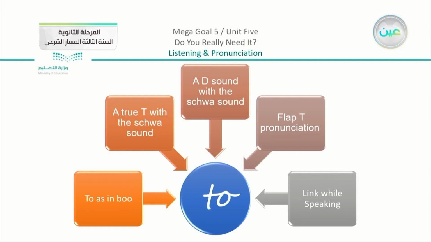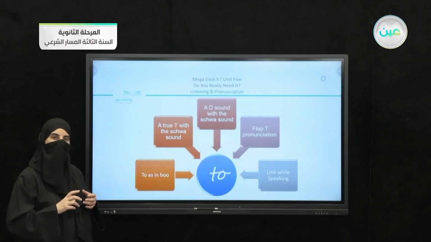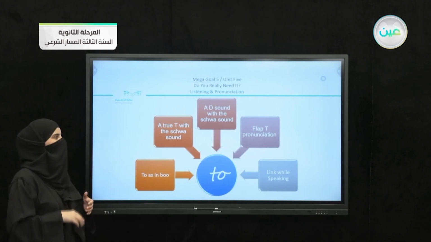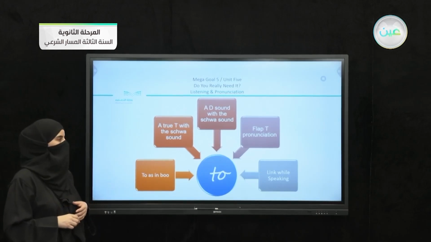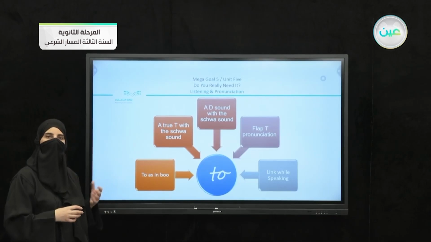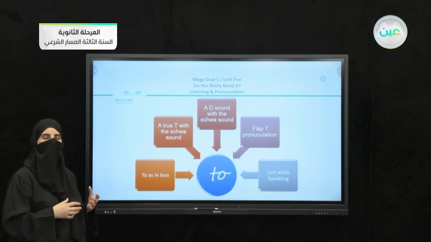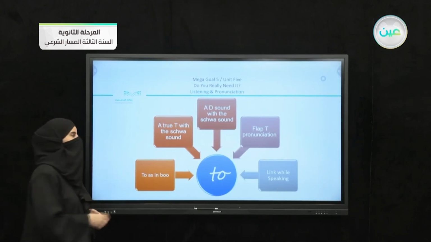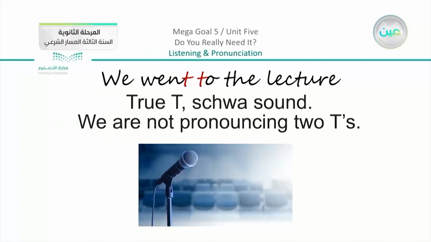So we have a true T with the schwa sound. We have also, it comes out like a D sound, also with a schwa sound, and we have the flap T pronunciation. And we learned how to link our T sounds, or the "to" in general, with the other words. Now we do have an exercise in the book.